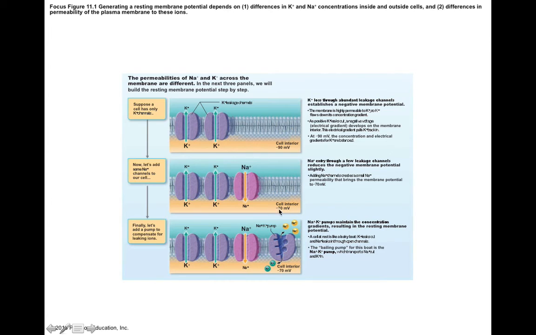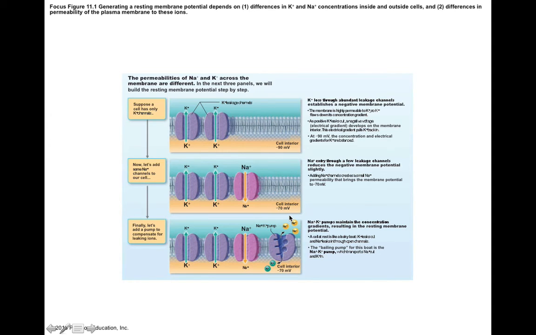So we find that our resting membrane potential is actually negative 70 millivolts. It's basically a balanced voltage in response to potassium flowing out and sodium flowing in, and this is the voltage we get inside the cell.